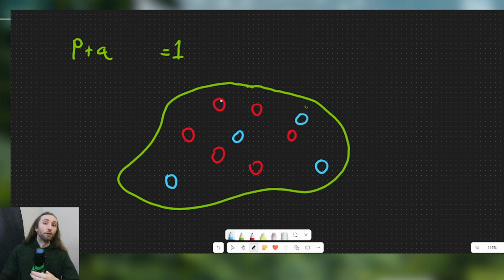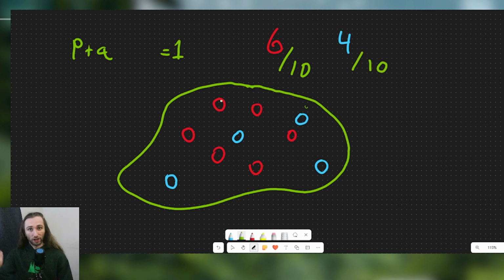We can now fill in P and Q using very basic math, right? So we have 10 total organisms, and we have 6 of them that are red, and we have 4 of them that are blue. All we need to do is divide by 10, the total number of organisms. So if there were 20 organisms, we divide this by 20. And we can now have our basic allele frequencies.